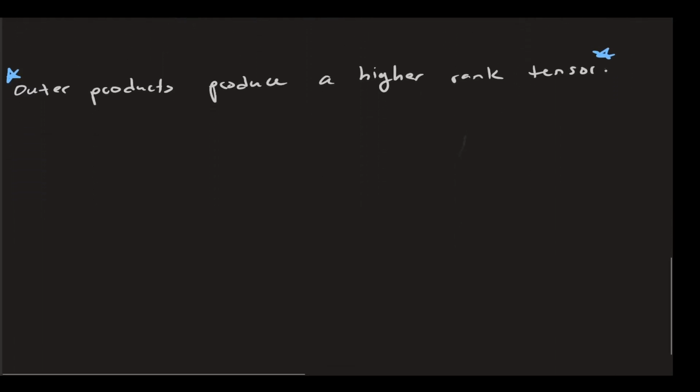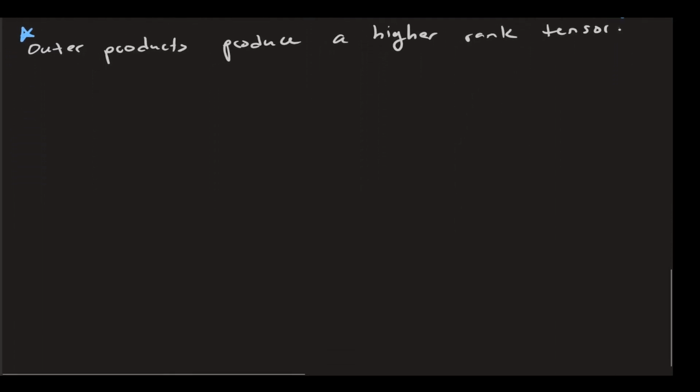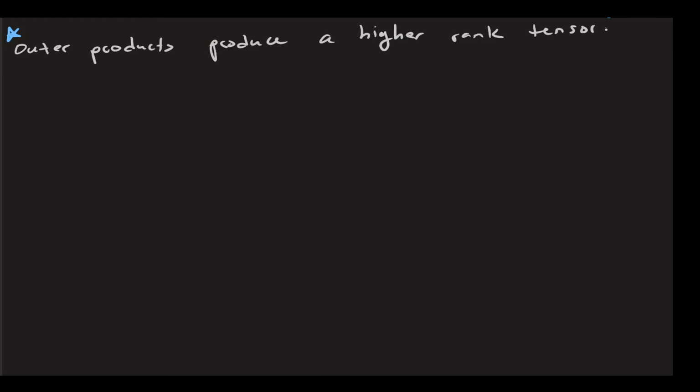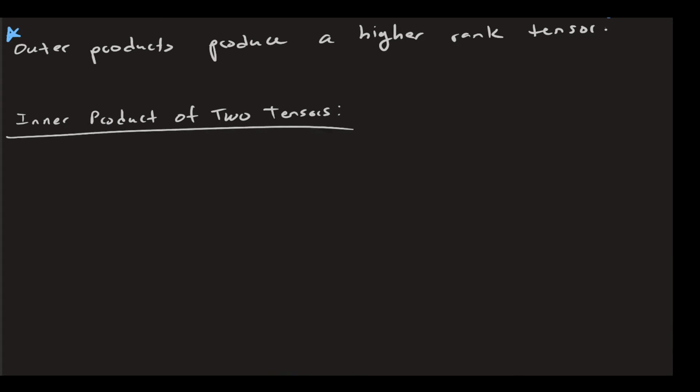Let's look at the inner product. This is actually more similar to stuff we've seen before in calculus. So the inner product of two tensors is similar, except now we reduce the degree or the rank of the tensor.